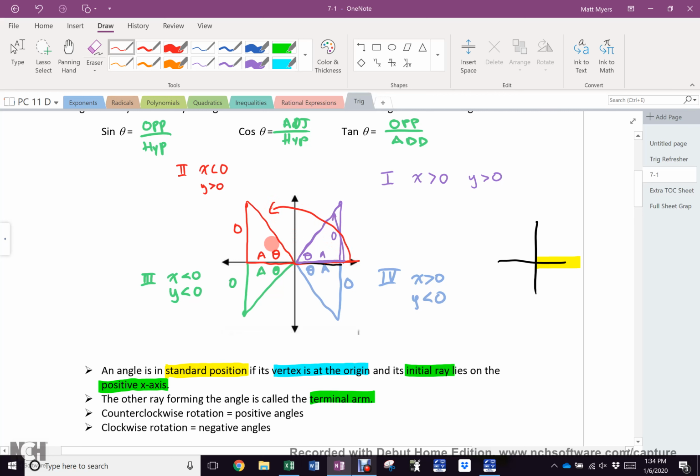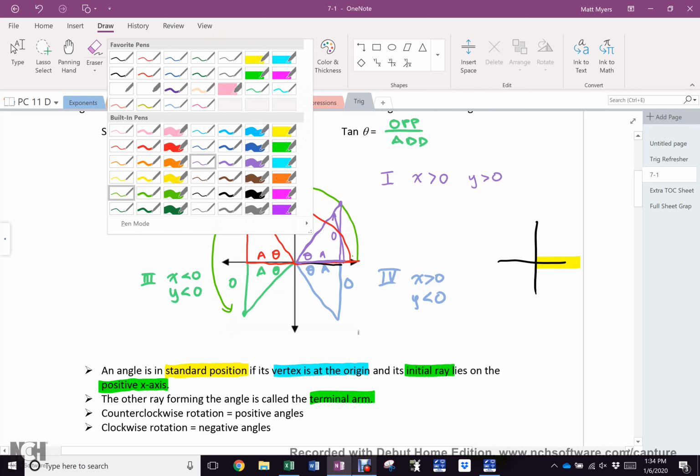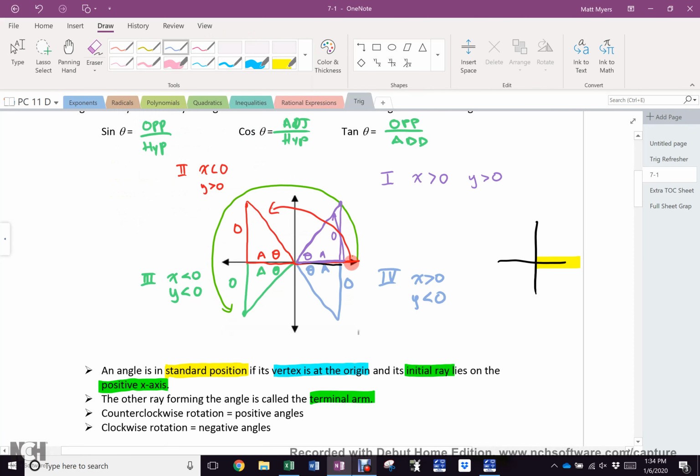The real measure of the angle starts here and goes to here. Where would green theta go? Start here and go all the way around to here. And the blue theta would start here and go all the way around to here. Is everybody good? If they're in standard position.